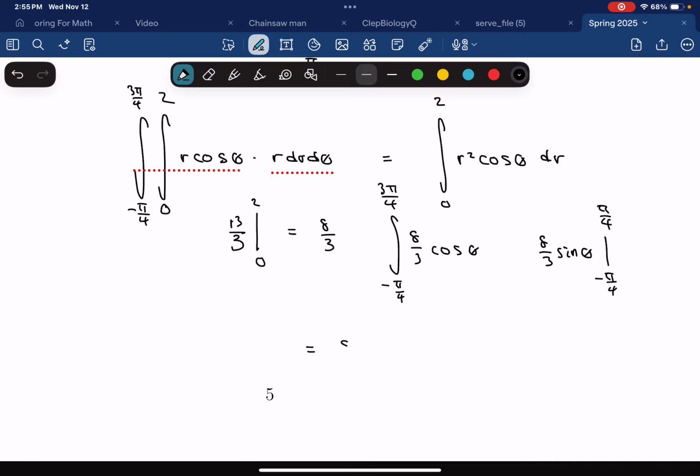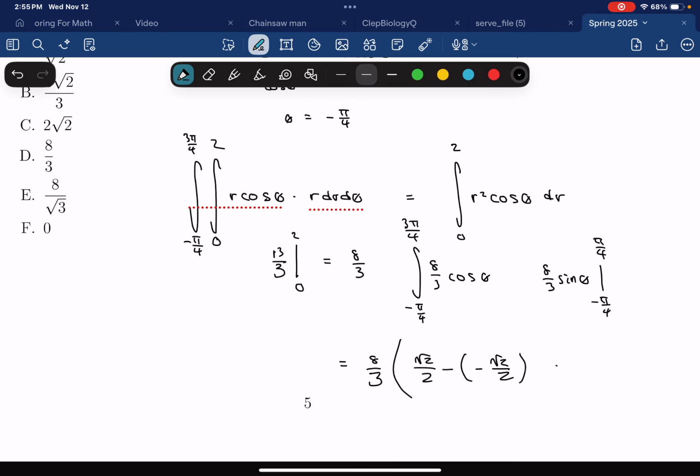Which gets you 8 over 3, pi over 4 is just square root of 2 over 2, minus negative square root of 2 over 2, gets you 8 over 3 times 2 square root of 2 over 2. Simply gets you 8 square root of 2 over 3.